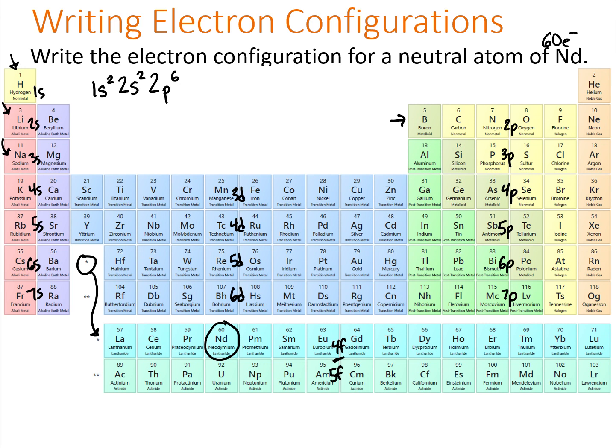Still nowhere close to neodymium. N equals 3. We fill the 3s with 2 electrons. We walk over to the 3p, and there's 6 there.